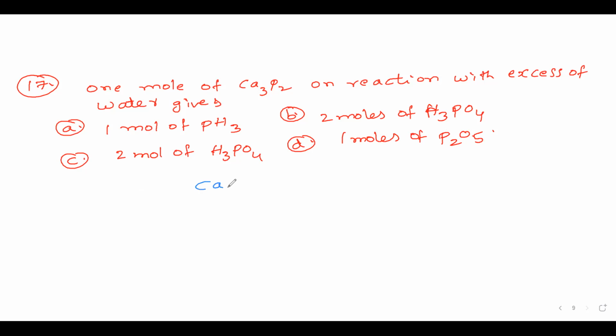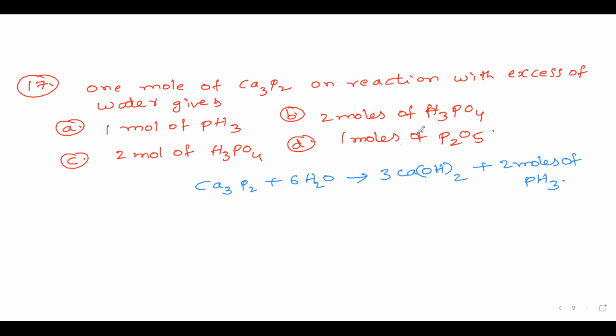Calcium phosphide on reaction with 6 moles of water forms 3 moles of calcium hydroxide and 2 moles of phosphine, PH3.